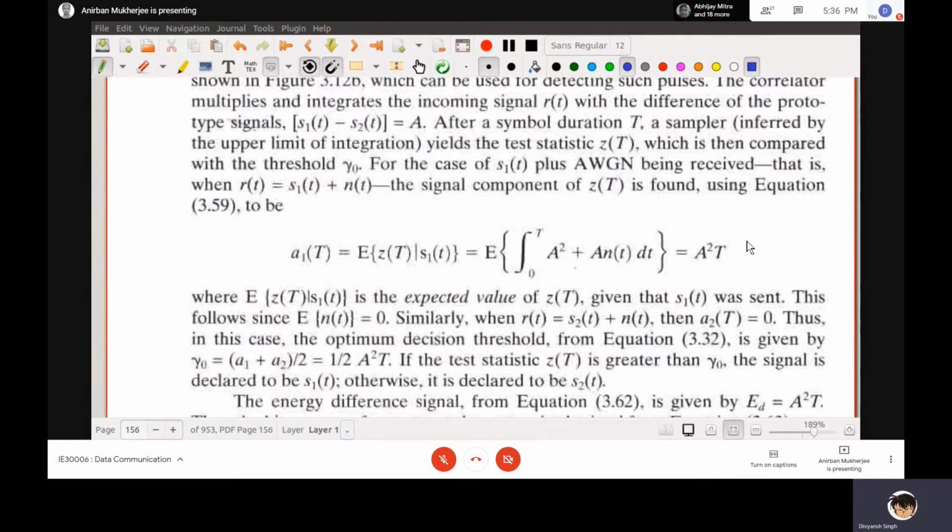Next is another optimization. Yes, I can choose gamma, but I can do something else: A1 I can shift to this side and A2 I can shift to that side. Now what will happen? Say I am choosing my A1, A2 here and A1 there, and I have the same thing.